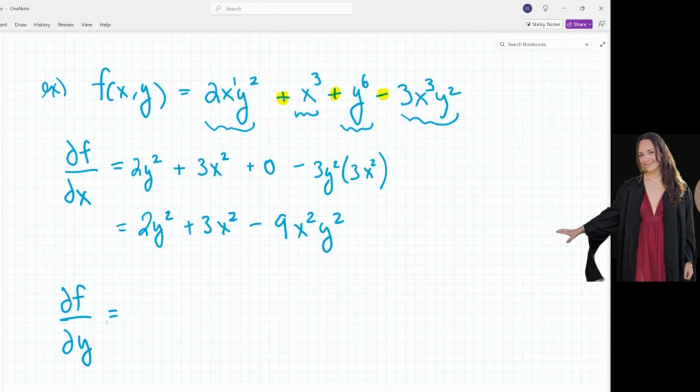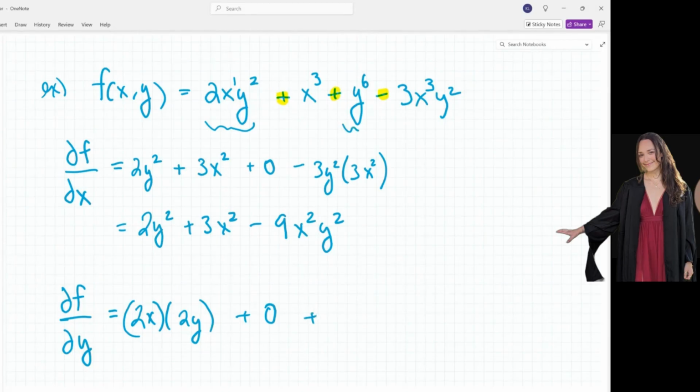So we'll start with our first term again here. We've got 2xy squared. So following the power rule, we keep our constant here, and then we've got 2y by the power rule. The second term, since we're differentiating with respect to y, we're going to get a 0 because x is treated as a constant.